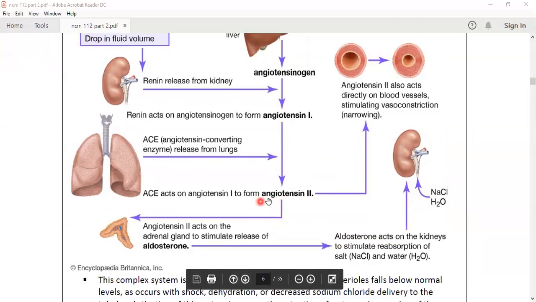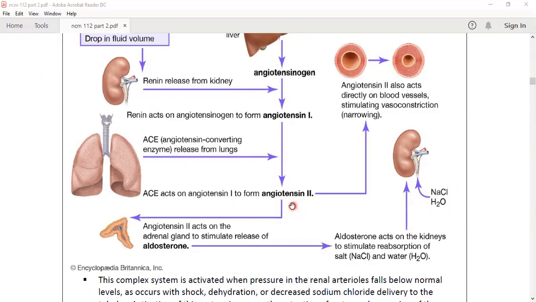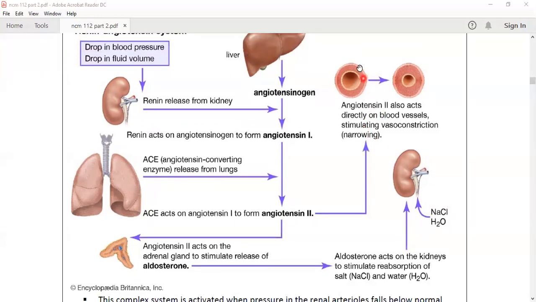It is this substance that you should remember because it does two things. One, angiotensin 2 is actually a potent vasoconstrictor. When we say vasoconstrictor, it contracts the smooth muscles of your blood vessels, like this one, and it makes the passageway narrower.